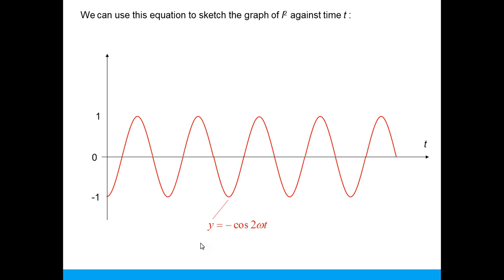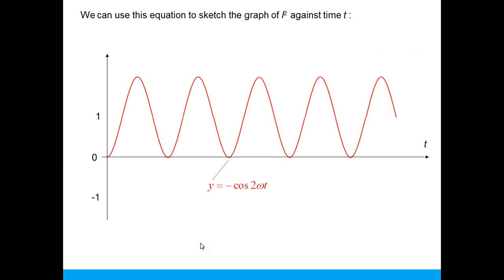All these things that I'm doing now are curve sketching and curve manipulation skills. If we want the 1 minus cosine 2 omega t curve, we have to move the curve up by 1, and we will arrive at the blue curve shown here.